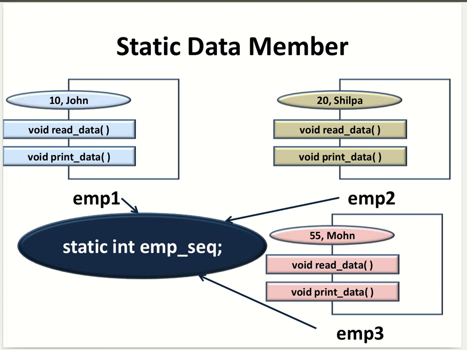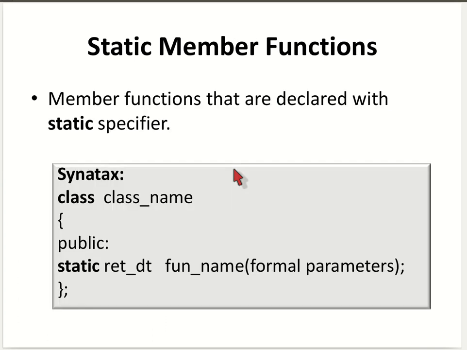Now we have seen the static data member, which is a class variable. Now we can see the static member functions. We have seen the static data members, that is integers, floats, etc. Here we can see the member functions.